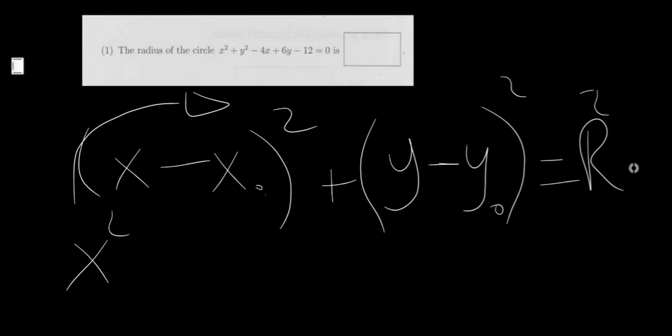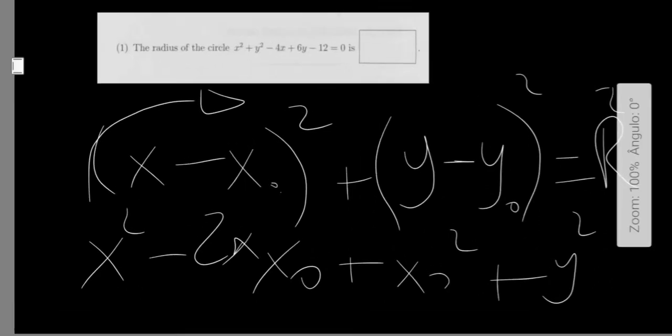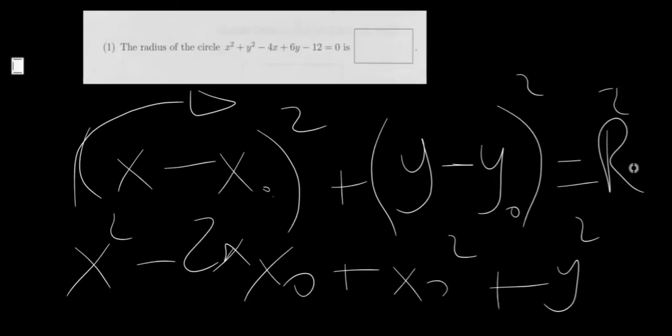Well, x squared minus 2x multiplied by x0 plus x0 squared plus y squared. You can do it this way, but the way I'm going to solve it is not this way. I'm going to solve it in another way.